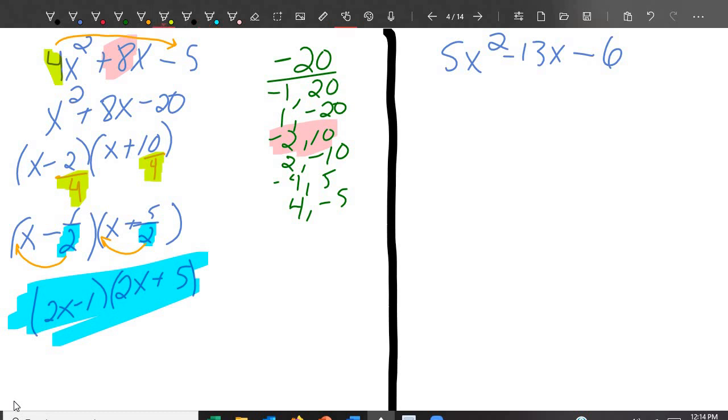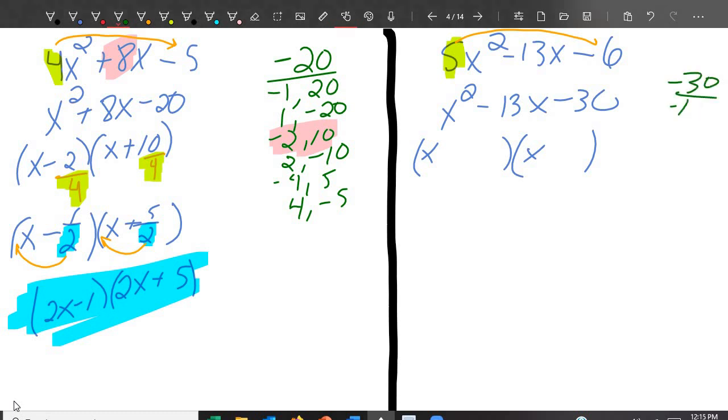Alright, next one. Put the 5 at the end with the negative 6. X squared minus 13x minus 30. I know it's going to factor into x and x. So I'm going to list all the factors of negative 30.